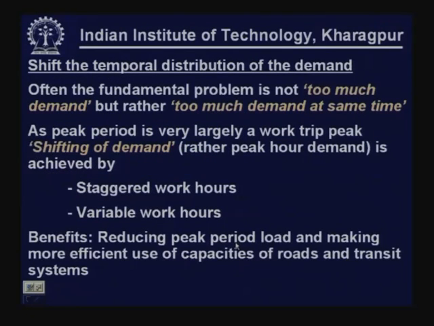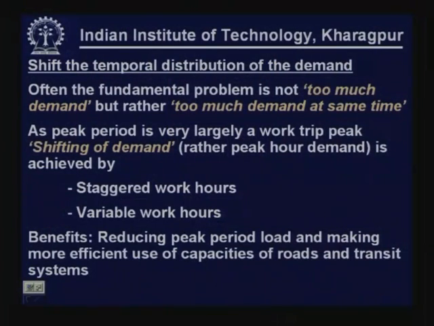Shift the temporal distribution of demand. By this time, I am sure you all will appreciate that the problem may not really be too much demand, but too much demand at the same time. If you see the midnight, early morning, and late night hours, the demand is practically nil.